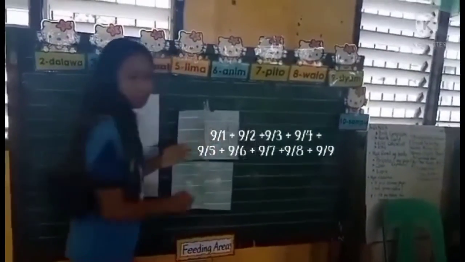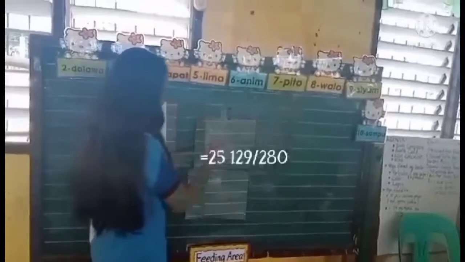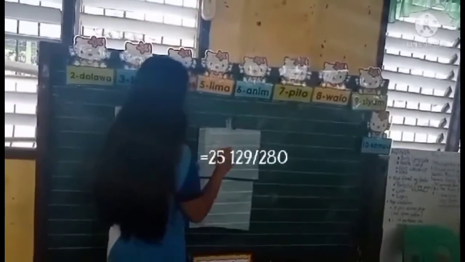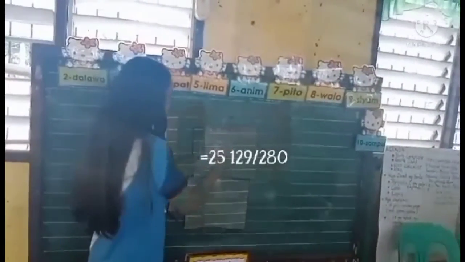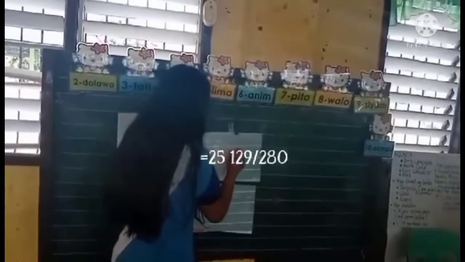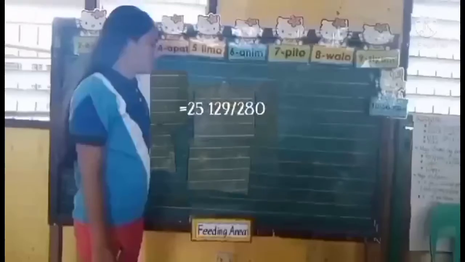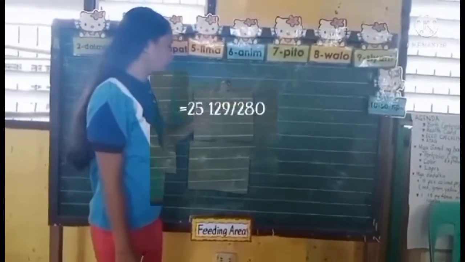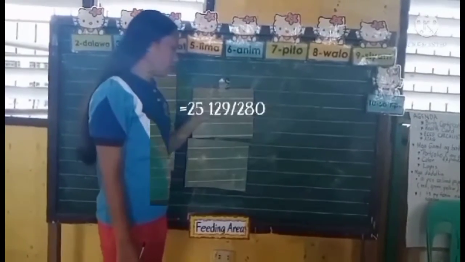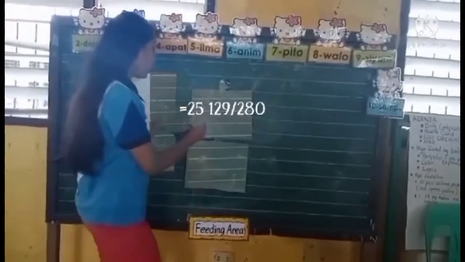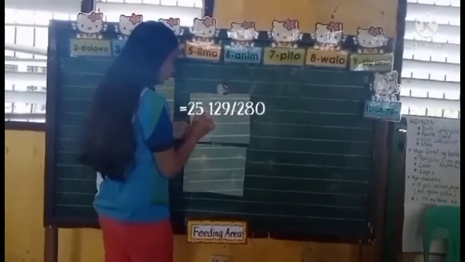So, the answer will be 25 and 129 over 280. Mula sa 25 and 129 over 280, kukunin natin yung whole number na 25.